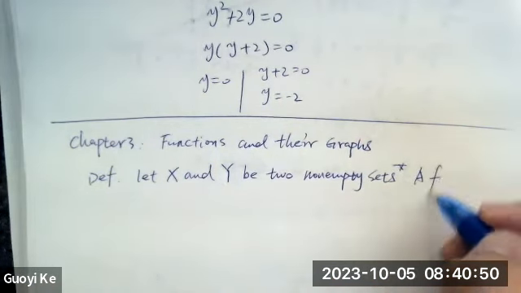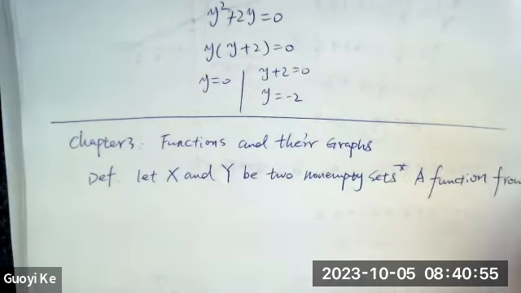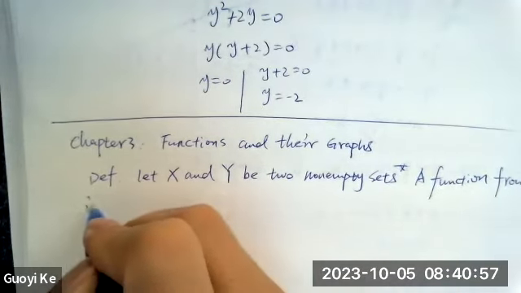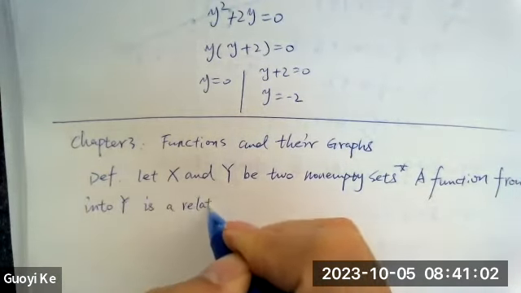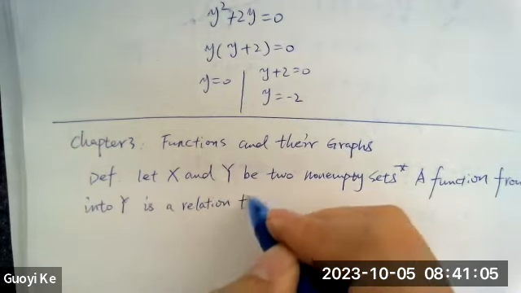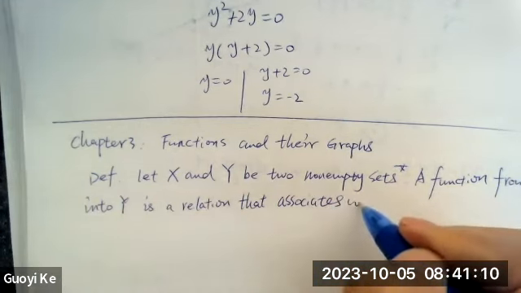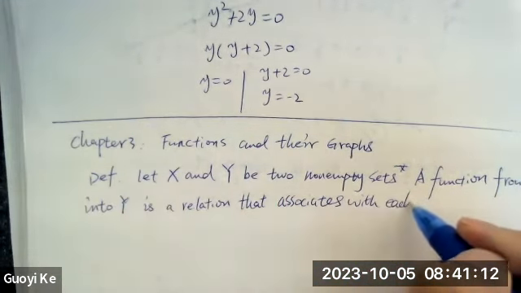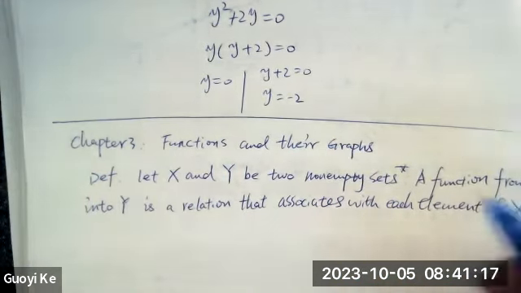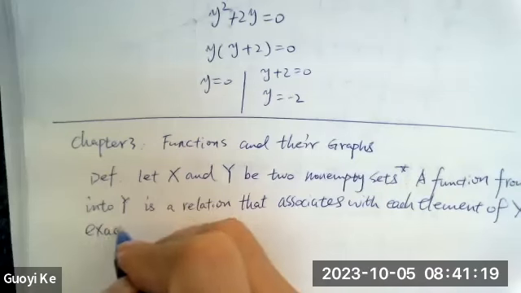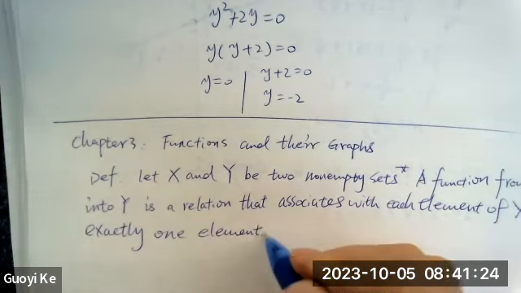A function from x into y is a relation that associates with each element of x exactly one element y.